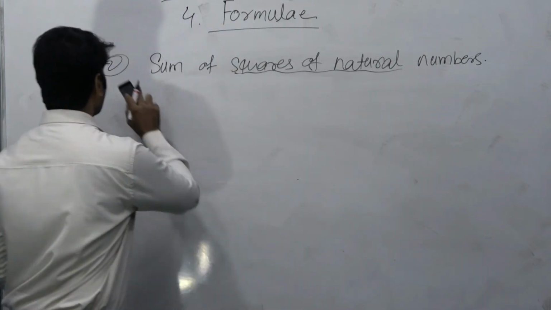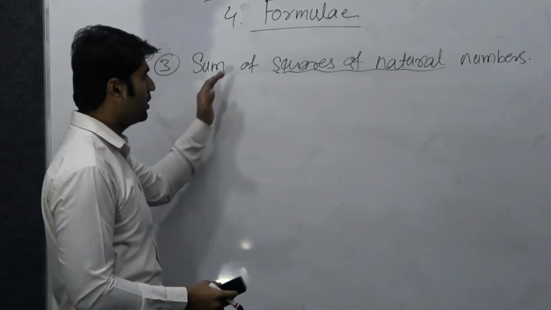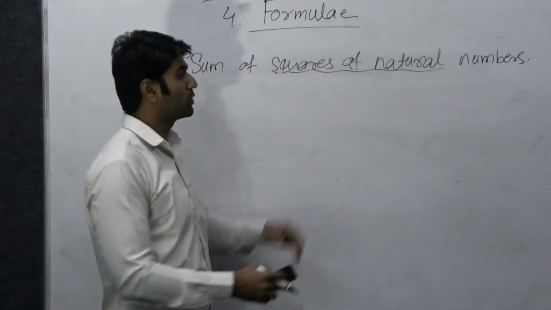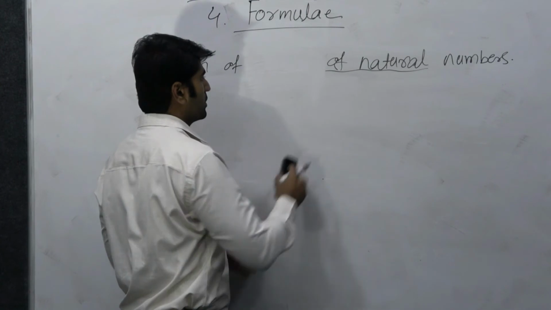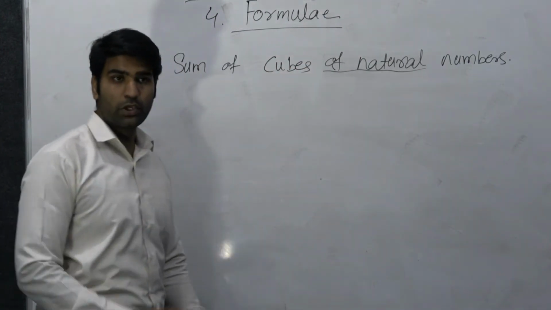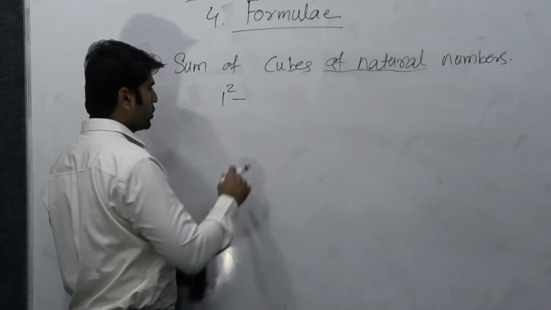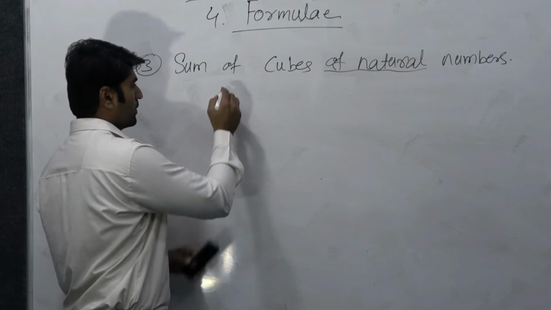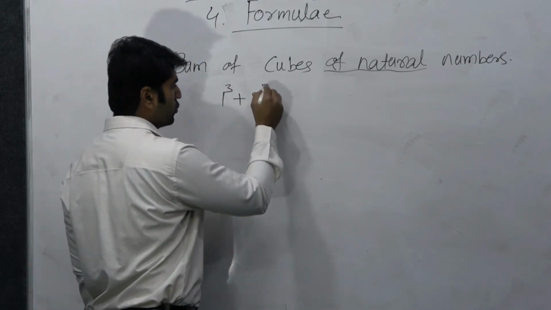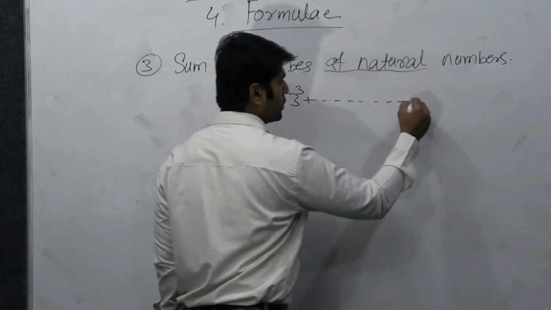Okay, now the third formula, formula number 3, is for the sum of cubes of natural numbers. Sum of cubes means when the series is like this: 1 cube plus 2 cube plus 3 cube up to n cube.